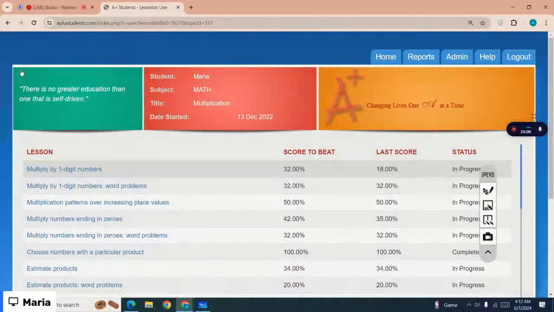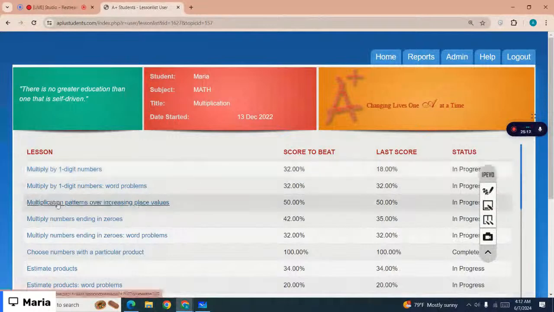Okay, the next one is multiply by one digit number word problems. You can do the word problems on your own, right? The next one is multiplication patterns over increasing place values. So let's just start with the lesson.